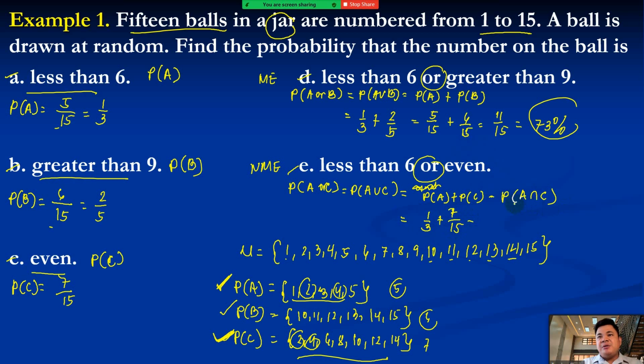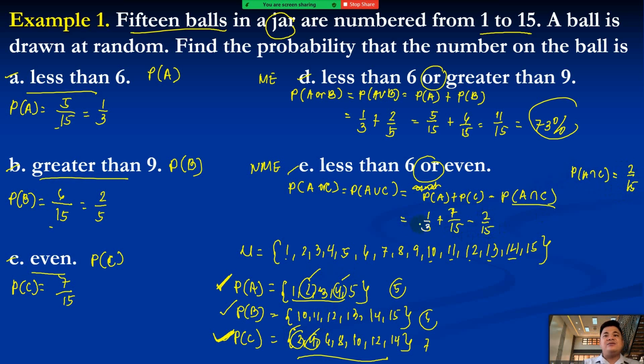All we need is the probability of the intersection of A and C. How are we going to solve for the intersection? As you can see, we have 2 common elements, 2 and 4. So this is 2/15. The intersection will be 2/15.